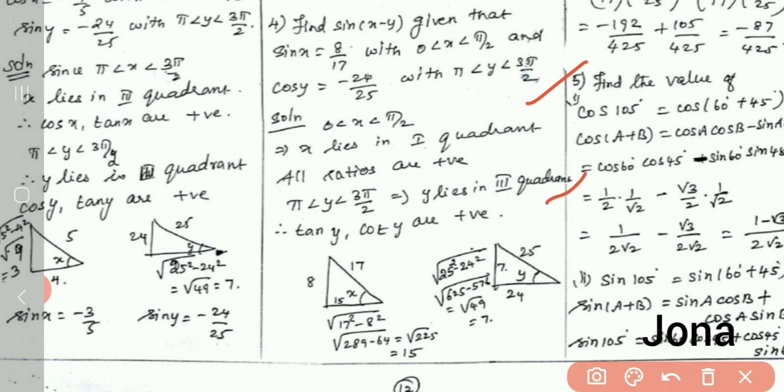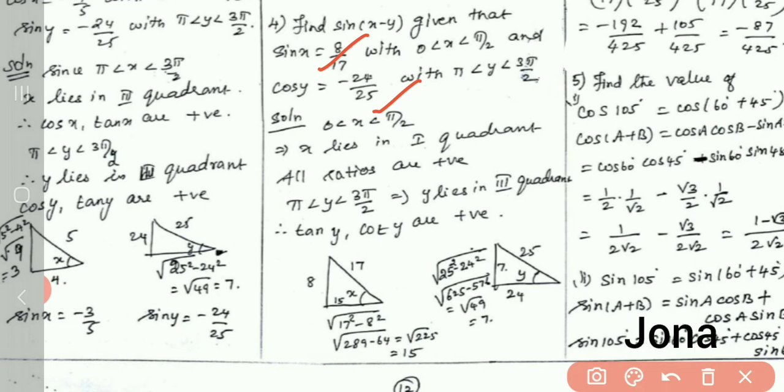In that third quadrant we have tan y and cot y are positive, remaining things are negative. Okay, so here I want to find the value of cos x from sin x, and I want to find the value of sin y from cos y.